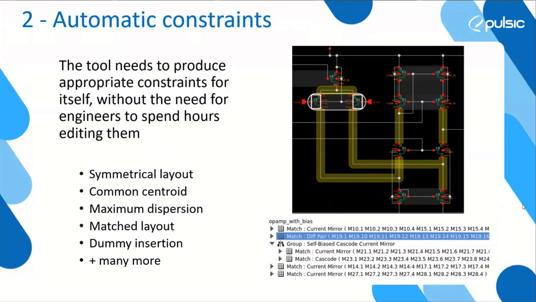And it could take longer to set up the tool than it did to do the layout by hand. So examples of that, it must create symmetrical layout constraints and common endpoint constraints, maximum dispersion where needed, match layout, dummy insertion, and many, many more things. So it must be able to recognize the constraints for itself without needing someone to tell it.